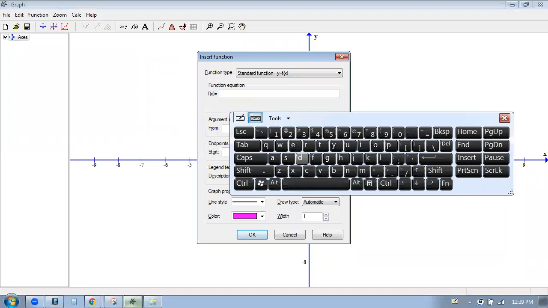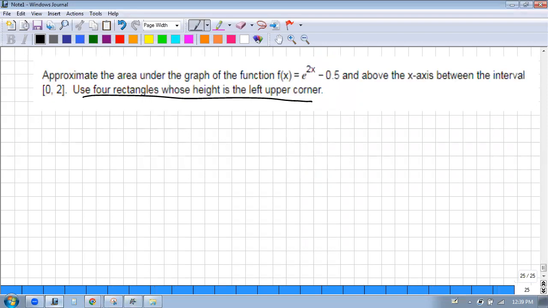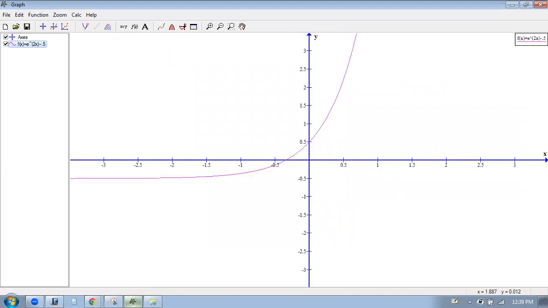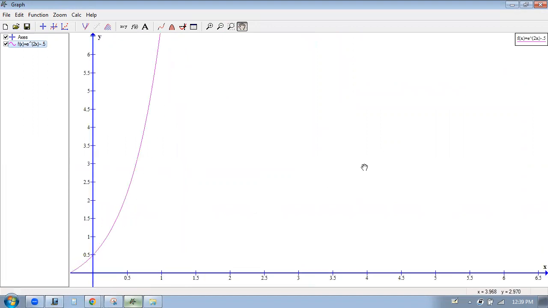Or was it e to the 2x minus 1/2? From 0 to 2. Okay. Let's zoom in.